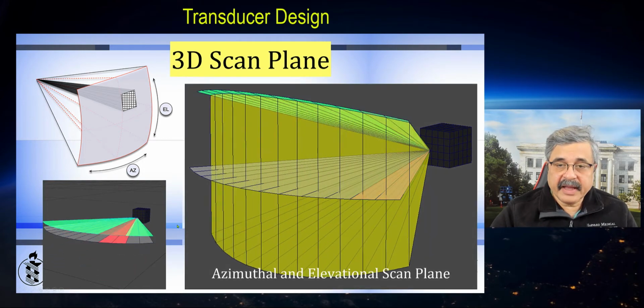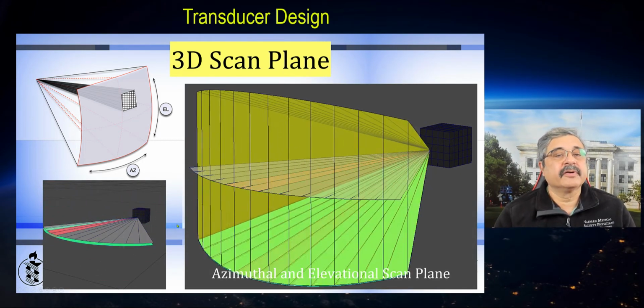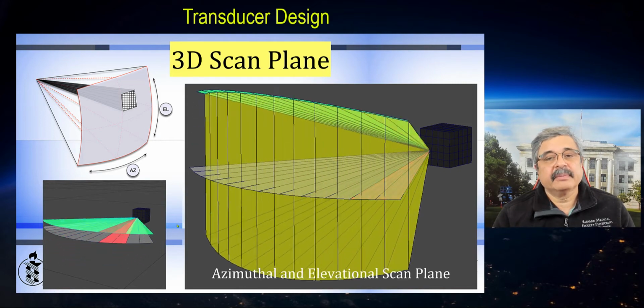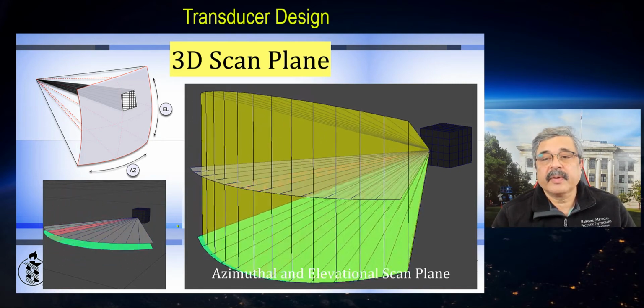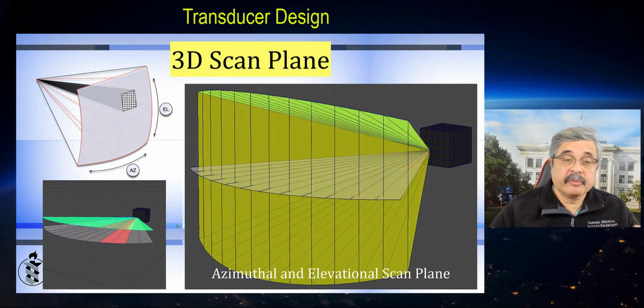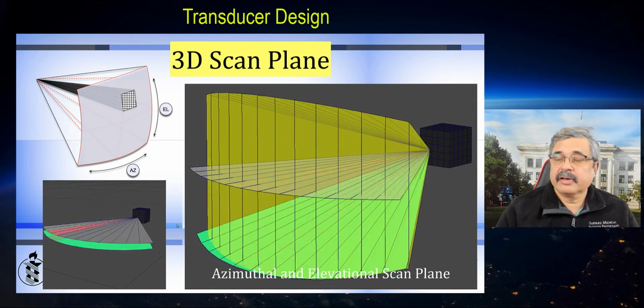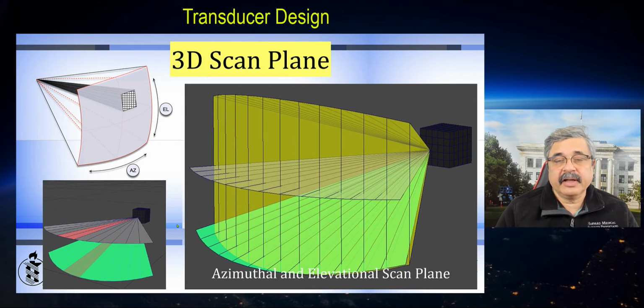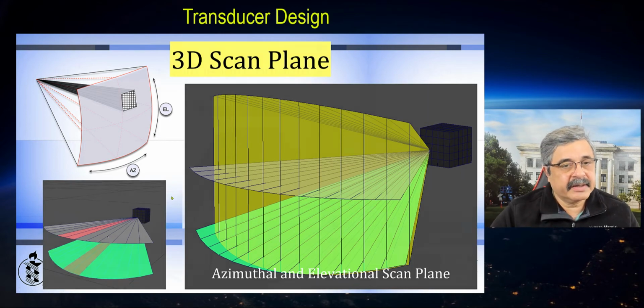And as a result of that, what is generated is what is referred to as a frustum and not a scan plane, which is like an inverted pyramidal shaped scan plane, which is the volume of pulses that is generated not only moving from right to left, but also above and below to give it a three-dimensional perspective.